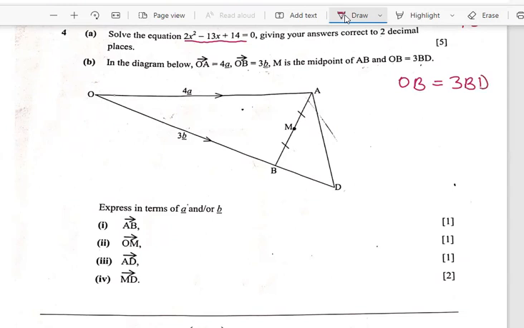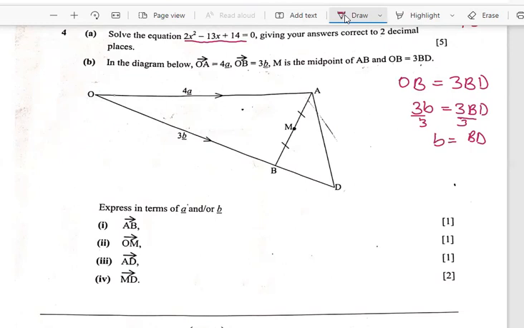Take note of this. Then, remember, OB has been given here as 3b, and 3BD. So if we want to find BD, you divide this side by 3 and divide this side by 3. So BD is equal to what?